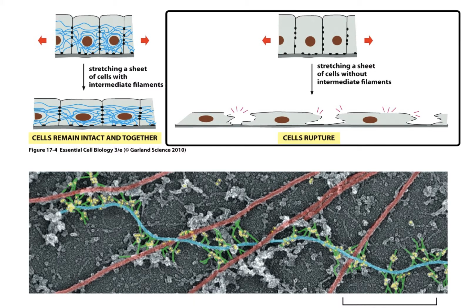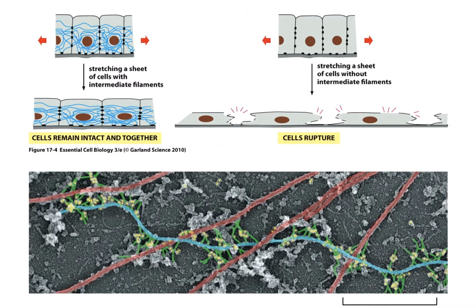But if you get rid of the intermediate filaments and try to stretch those same cells, they actually will break and rupture. And so it does a lot to help the cells to remain elastic and be able to move without their cell membranes rupturing.